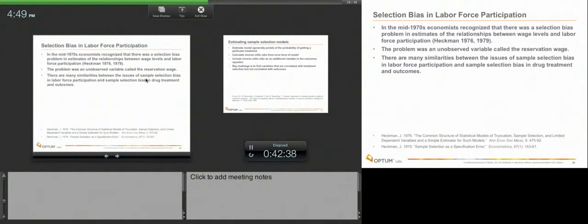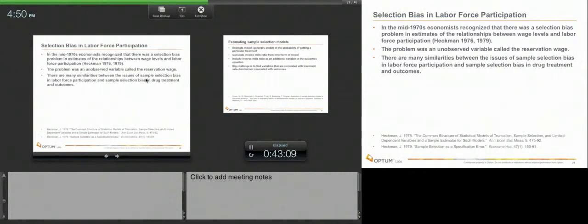But in these big national probabilistic surveys from the Bureau of Labor Statistics, you had random samples of the whole population, and you could observe whether somebody was in the labor force or not. So you could model whether somebody was in the labor force, just like that drug selection equation. You had things like marital status, income, and number of kids at home under the age of 6, and you could model that.